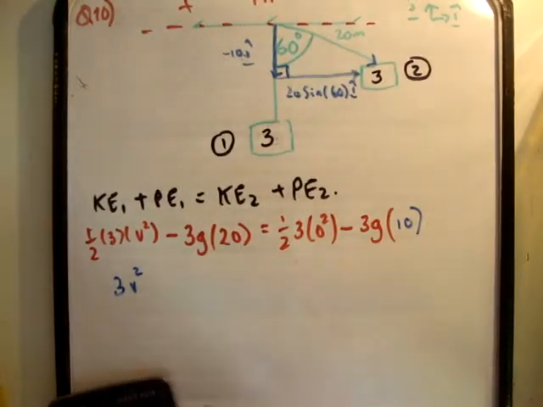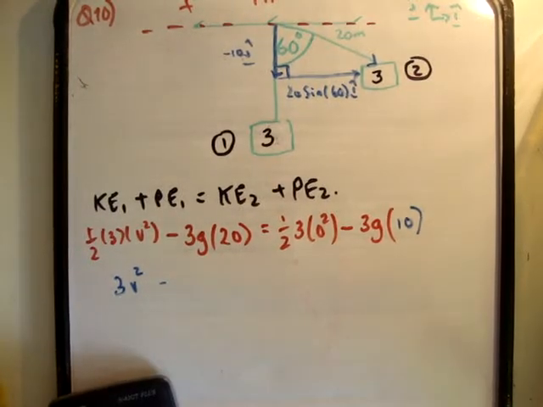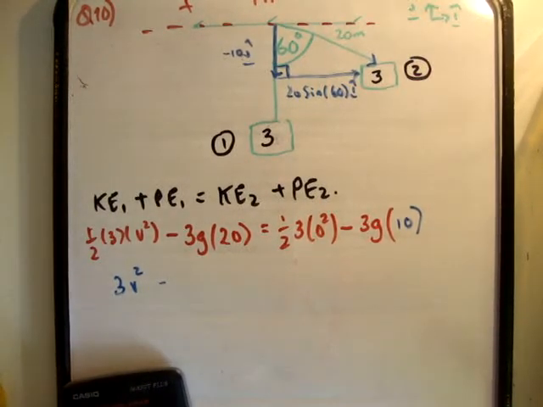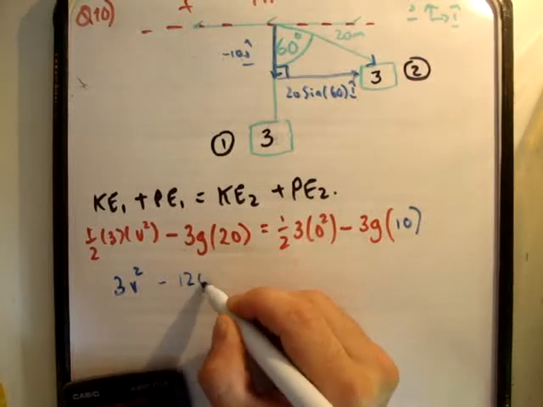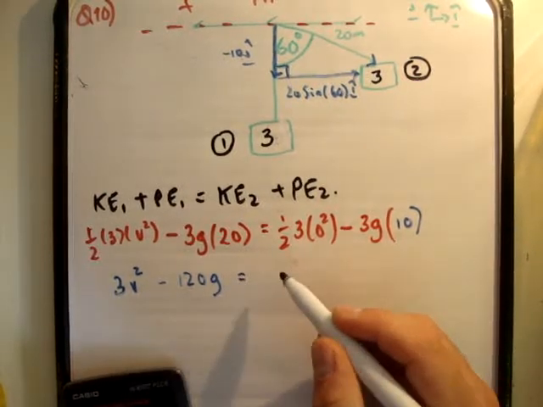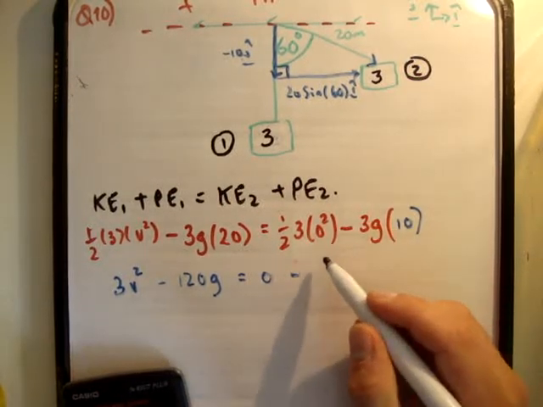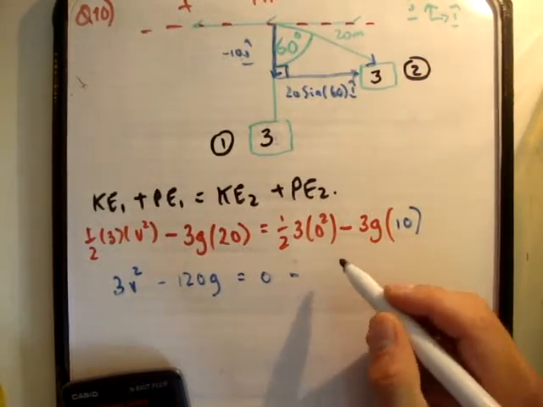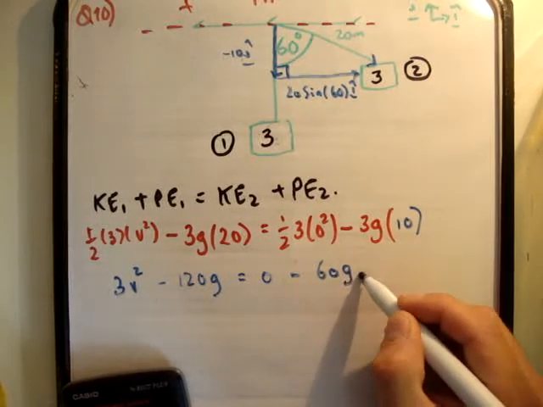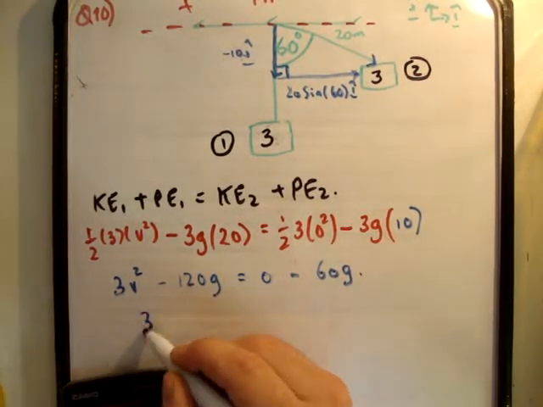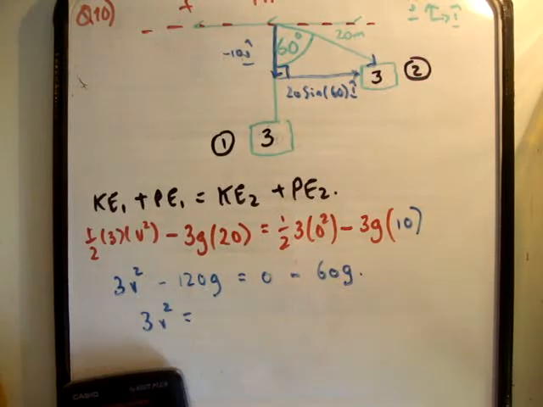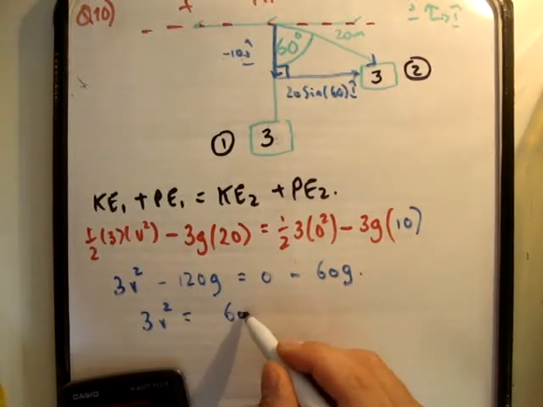Okay, 3v squared minus, one sec now, we're going to have negative 120g here is equal to 0 minus 20 times 3, which is 60 again, isn't it? Yeah, 60g, like so. So we're going to get that 3v squared is equal to 60g.